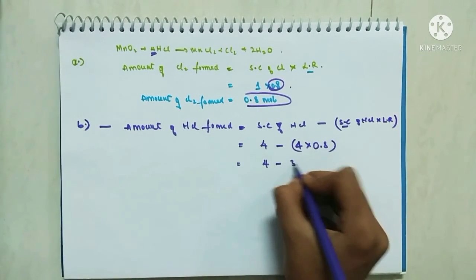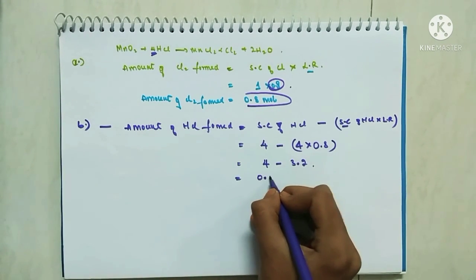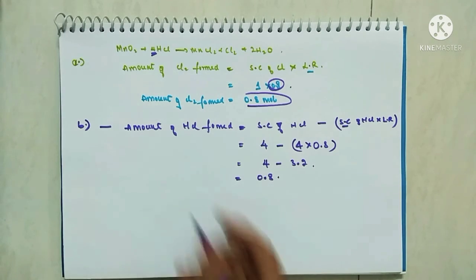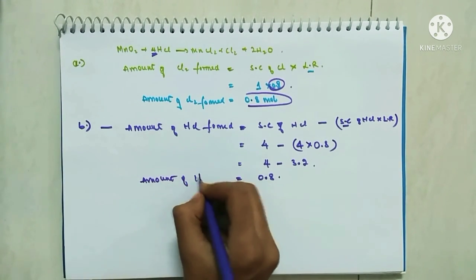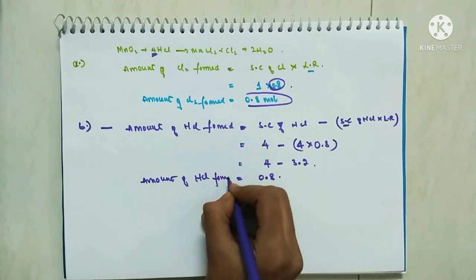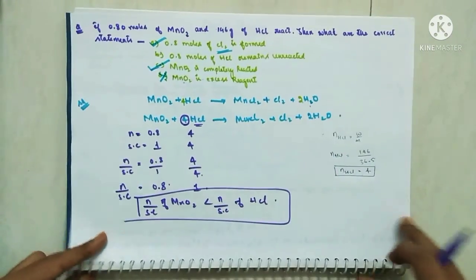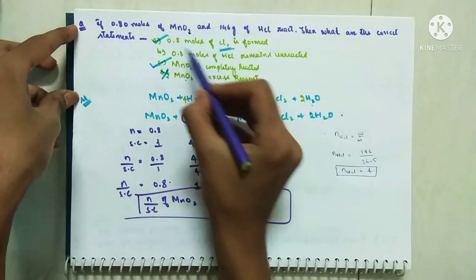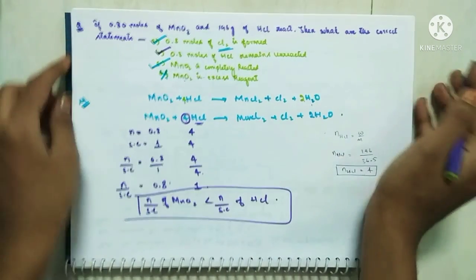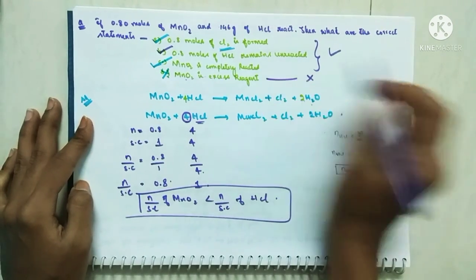That is 4 minus 3.2, so the amount of HCl remaining is 0.8 mole. They have given that 0.8 moles of HCl remains unreacted, so this statement is correct. So 3 statements are correct and the last statement is wrong.